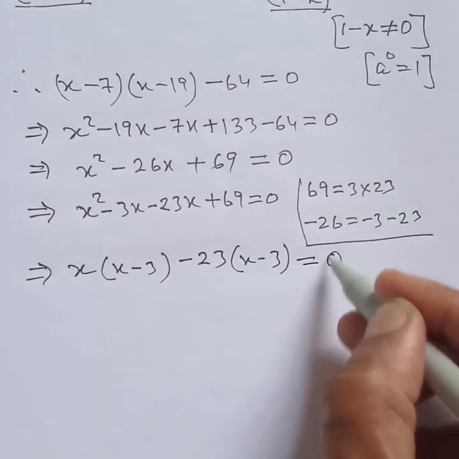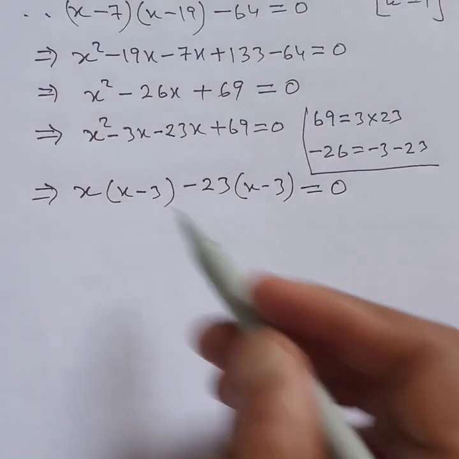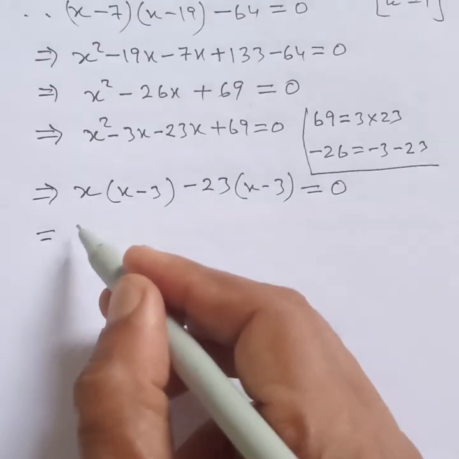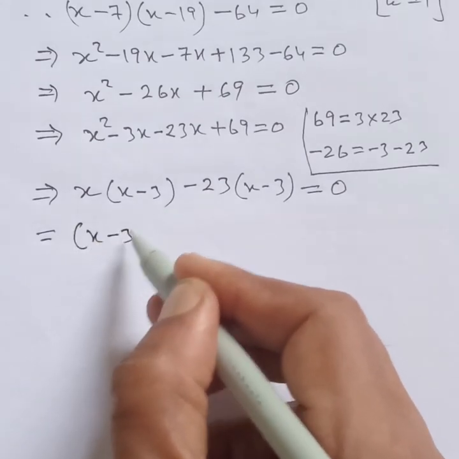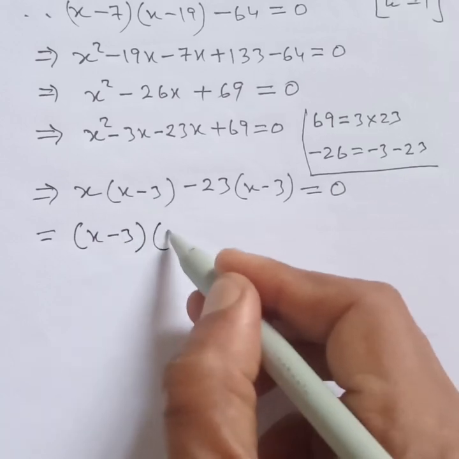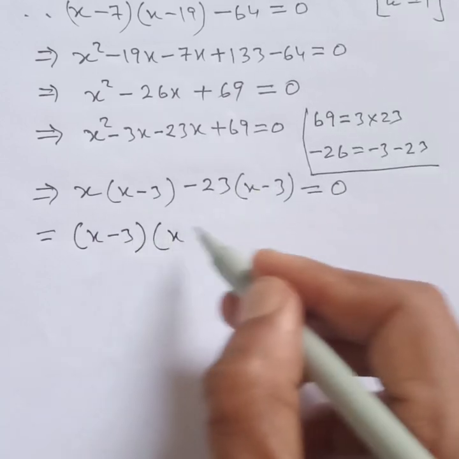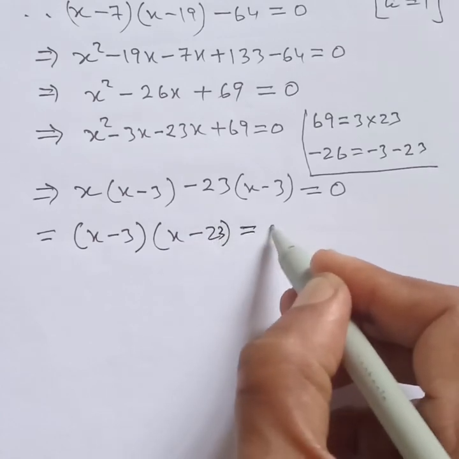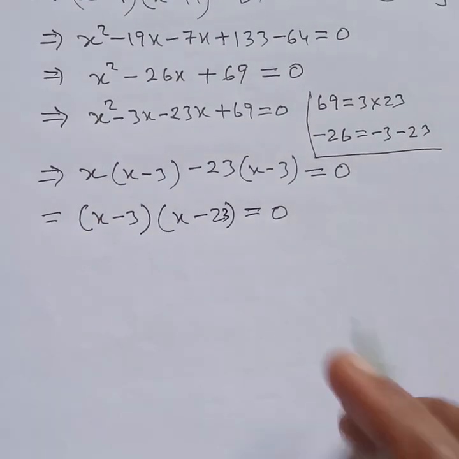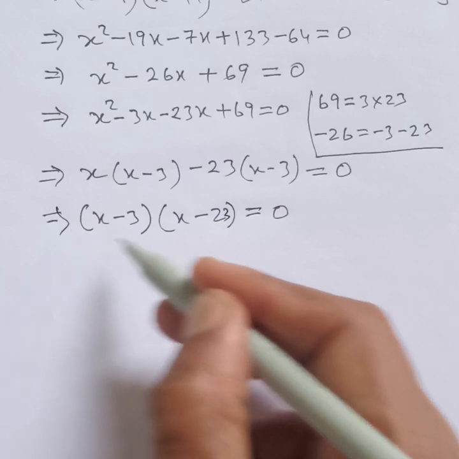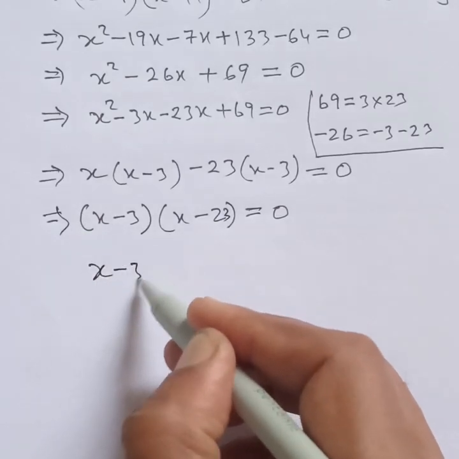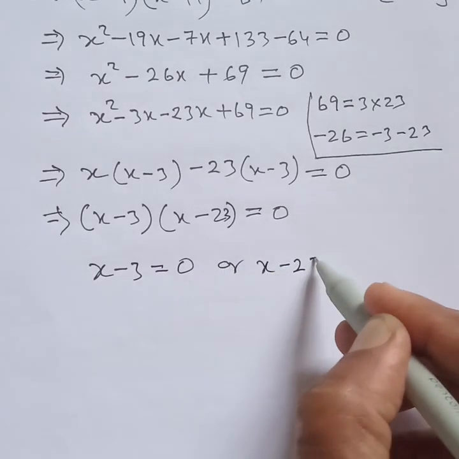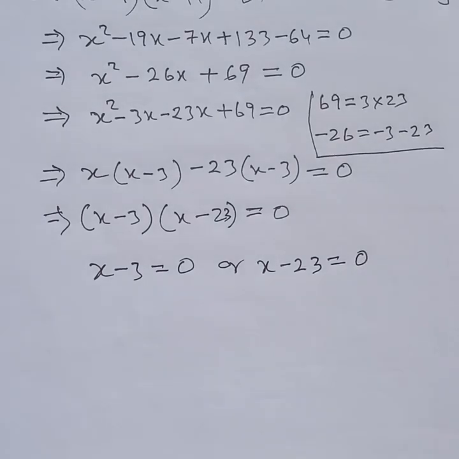Right hand side is equal to 0. From these two terms we have x minus 3 is common. Therefore take common x minus 3, then this will be x and this will be minus 23 is equal to 0. Now according to zero product rule, either x minus 3 is equal to 0 or x minus 23 is equal to 0.